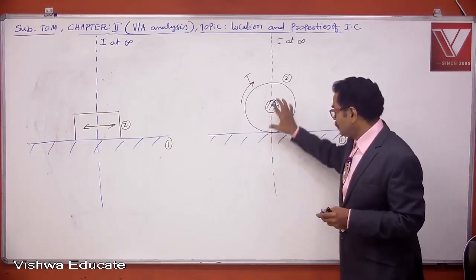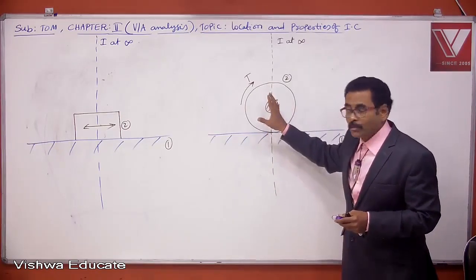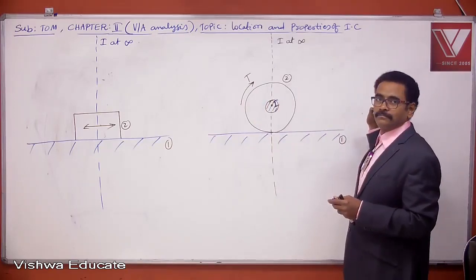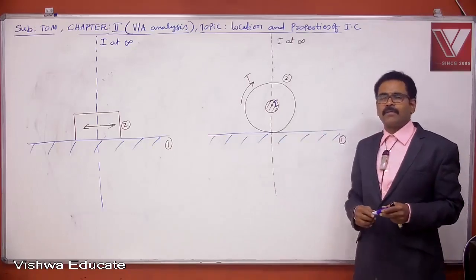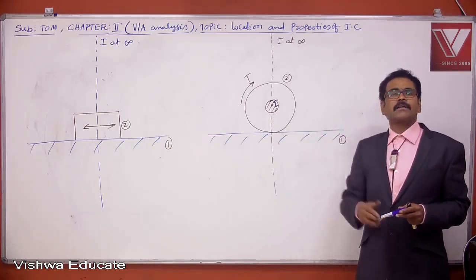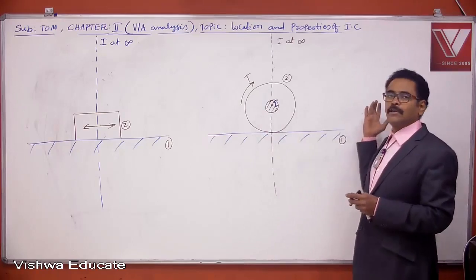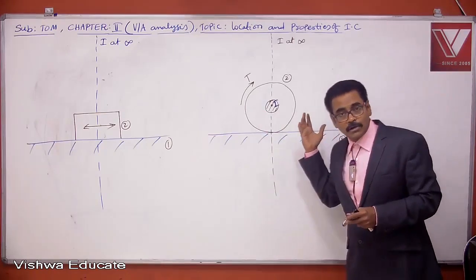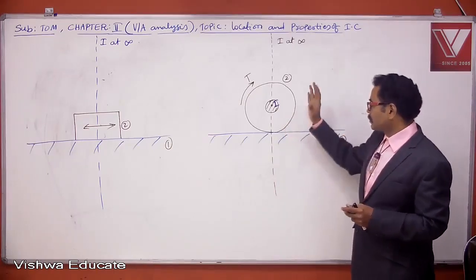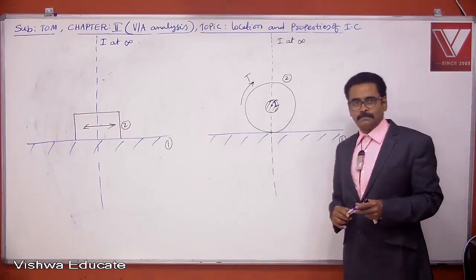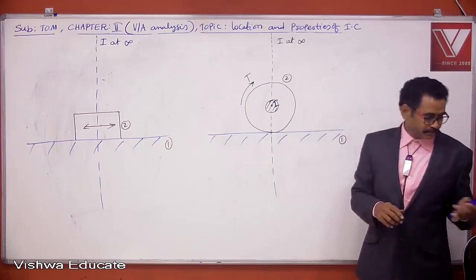Again I am saying, this disk is turning without any translation, because of the turning moment or torque. You are applying torque on this disk. Because of torque it is turning, and it is not translating towards the right. So their IC lies at the center of the disk. Please copy.